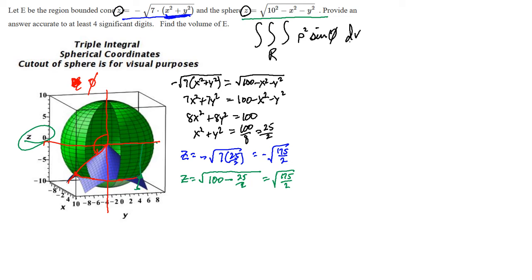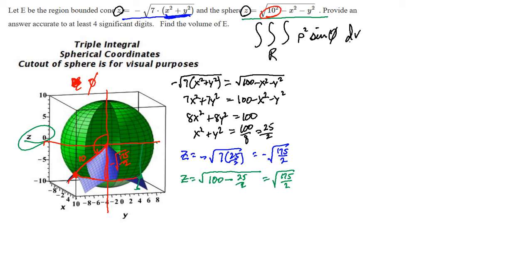Well, we know that this value right here from the origin out to the sphere, or where the cone intersects the sphere, is the 10. So that line is 10. And we know that this right here, this line, is a negative square root of 175 over 2.